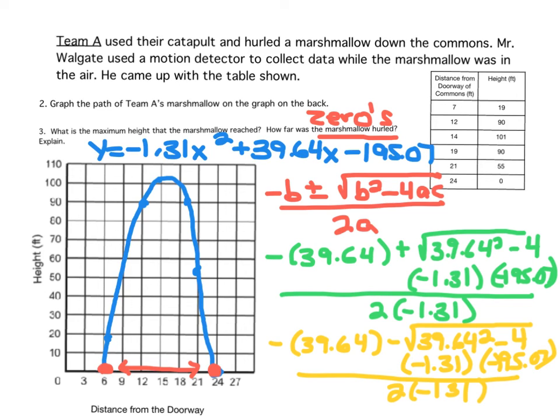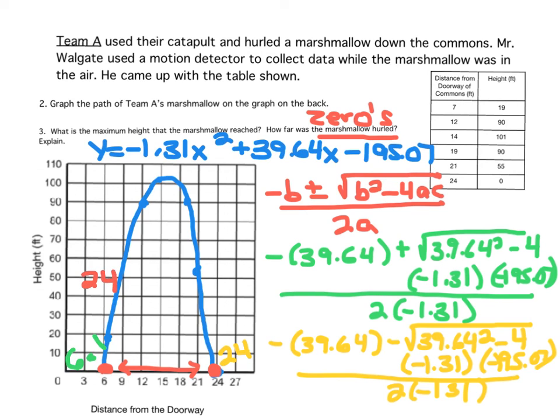So now as we solve for those, we find out that we get approximately 6.1 and 24. So if we want to know how far it's been hurled, we need to look at the difference between those two values to see how far it has actually gone between the two zeros.